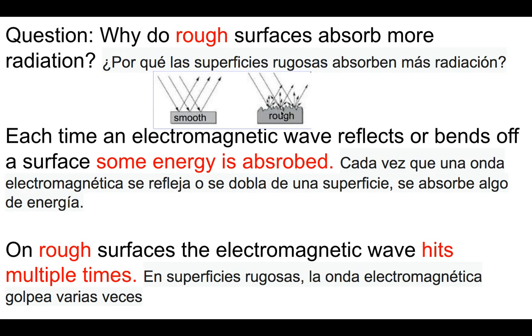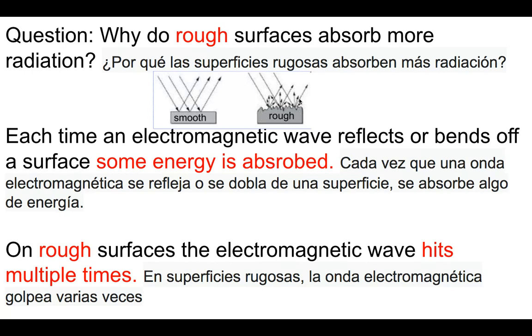There's so many different surfaces here that it comes in, bounces off, hits another surface, bounces off, might hit another surface again, then bounce off. So every time it hits the surface here, it bounces off and then re-hits another surface, some of that energy is being absorbed. With rougher surfaces, because the electromagnetic waves hit the surface many times, more of this energy is going to be absorbed.